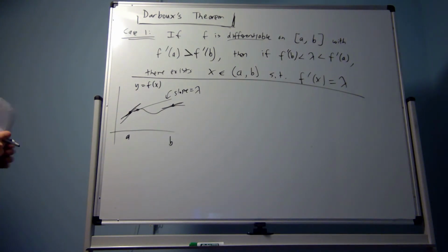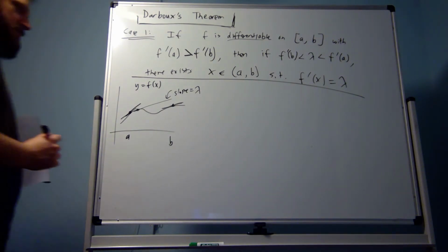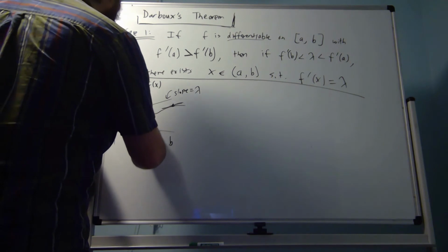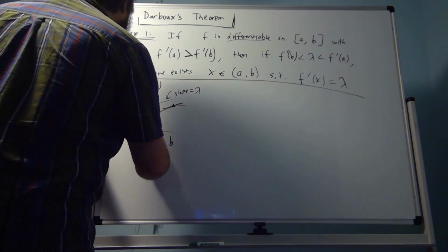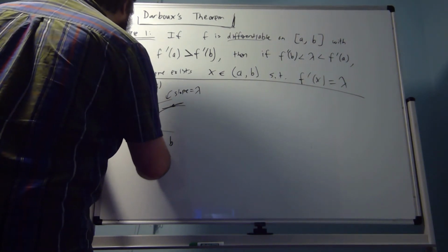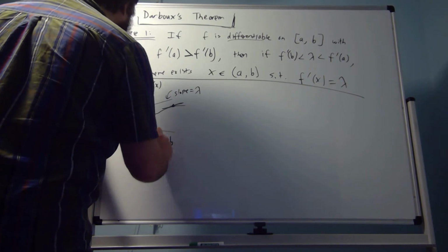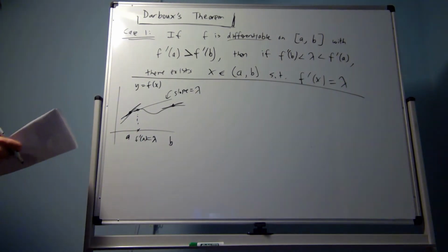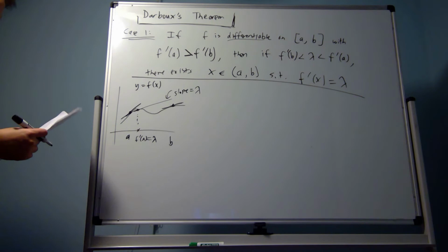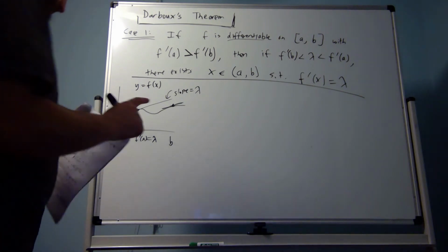So we have an intermediate value for the slope that we want to attain at some point.